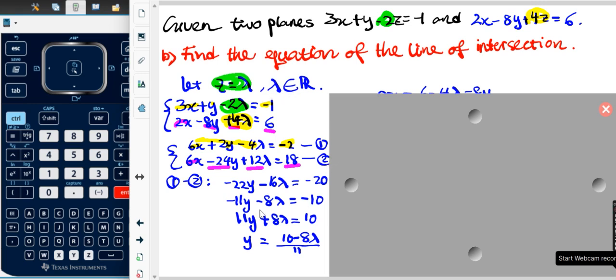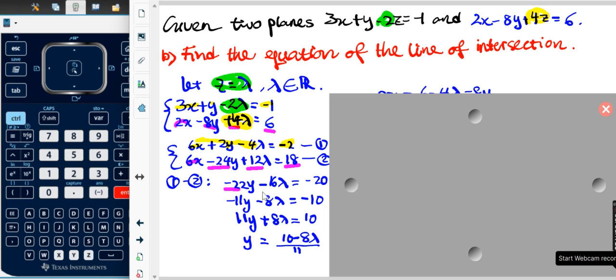So 2 minus 1. Sorry, I got mixed up. So let me do this again. 1 minus 2. So 6x minus 6x is 0. 2y minus 24y is negative 22y.